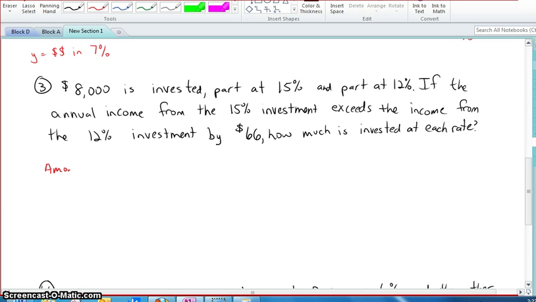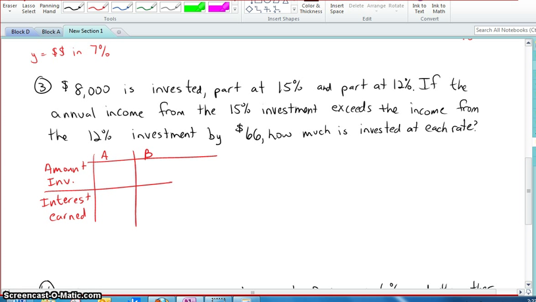So I've got the amount invested, the interest earned, account A, account B. You take a second, pause the video, and fill in the table.